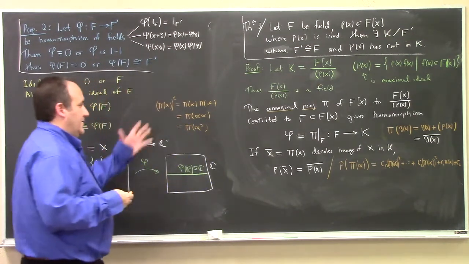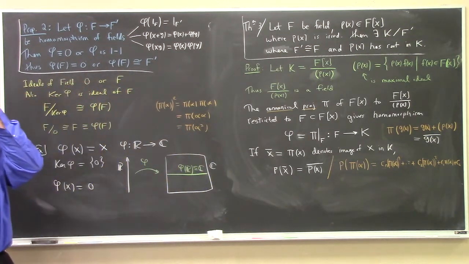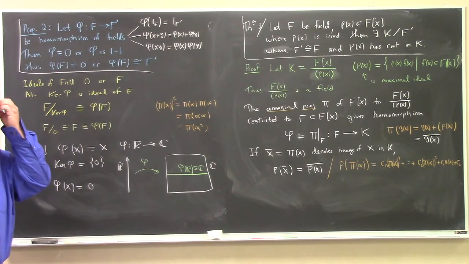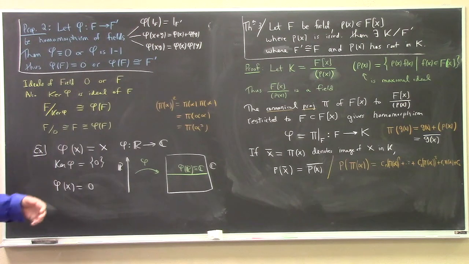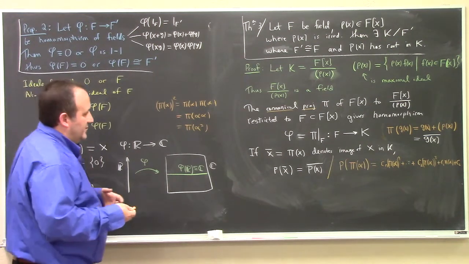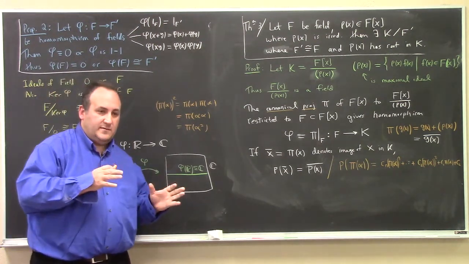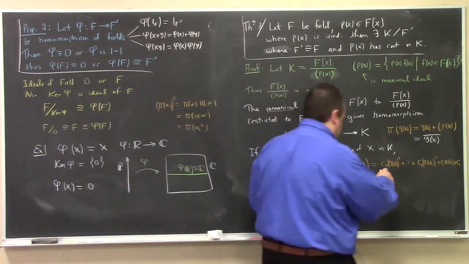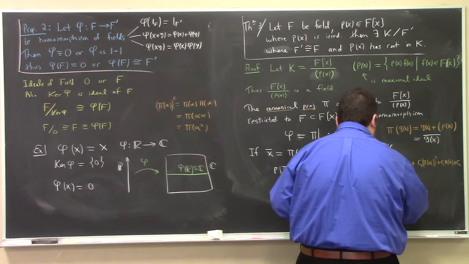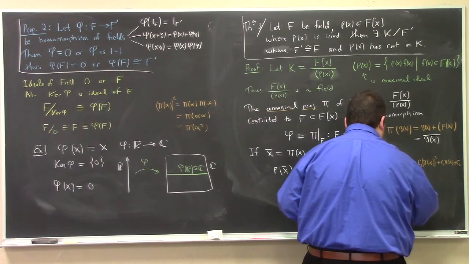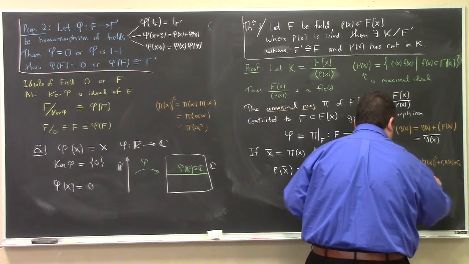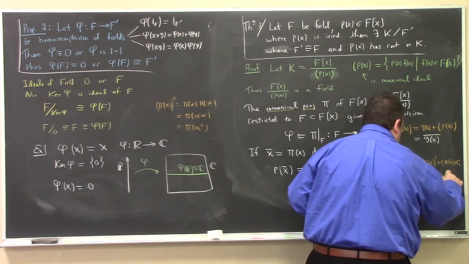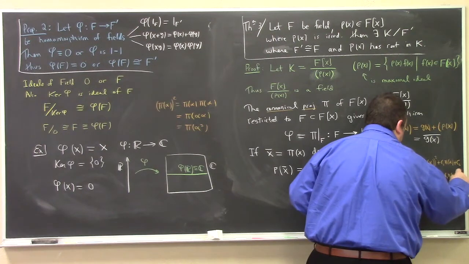And really, that calculation is mission critical to this argument. Because it's a homomorphism, the image to a power is the image of that power.